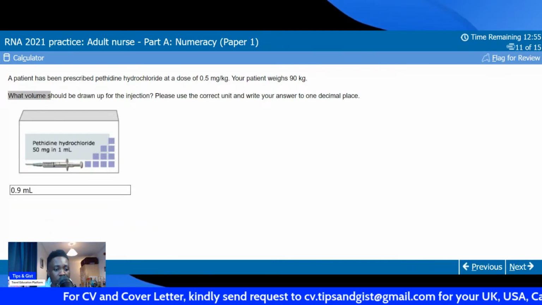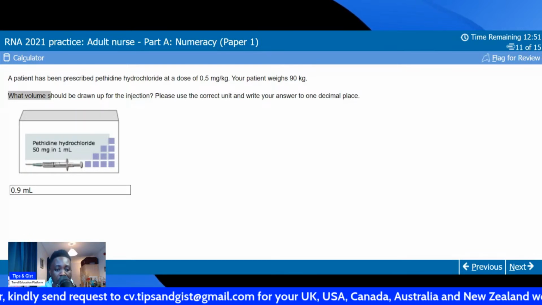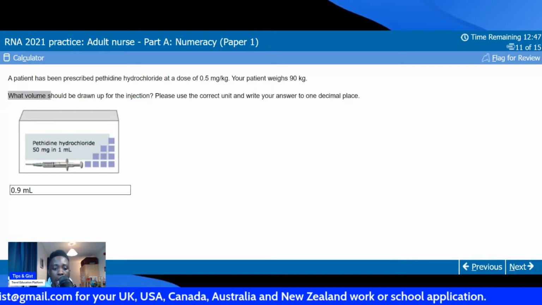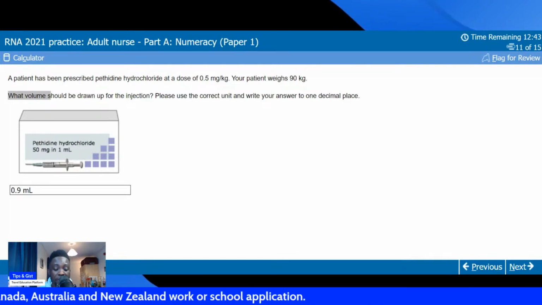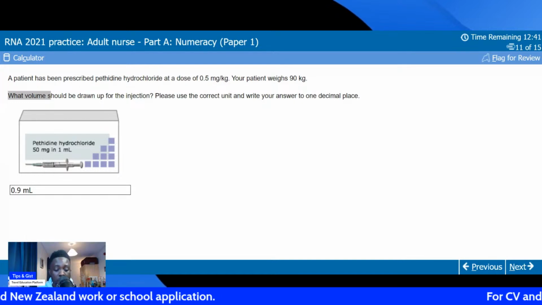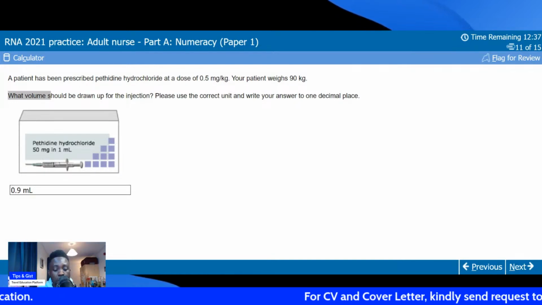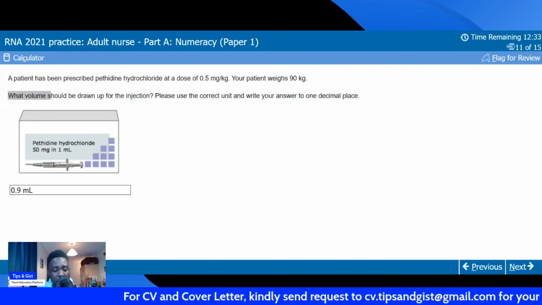It should be 0.9. You know that you're giving 45 milligram to the patient, because it's 0.5 per kg and the patient is 90, so 0.5 times 90 gives 45. Then if 50 milligram is 1 mil, then 45 equals x.